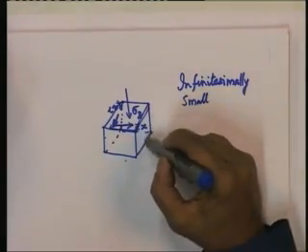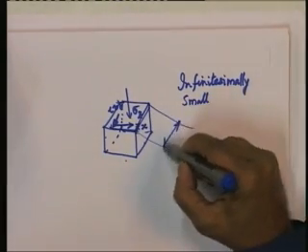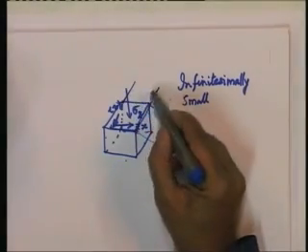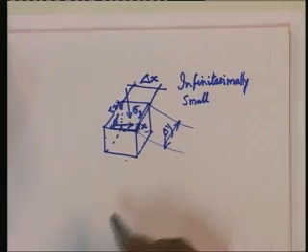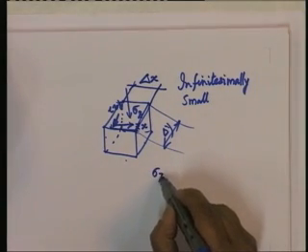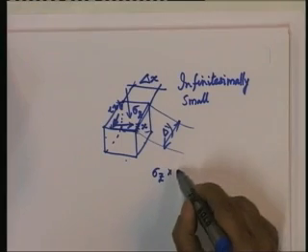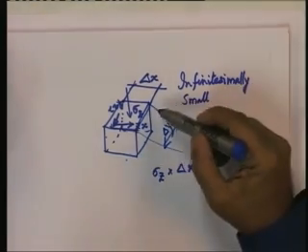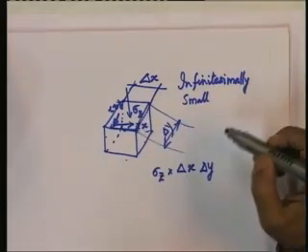For example, if this dimension in the y direction is delta y, and this dimension in the x direction is delta x, then the force that is arising due to sigma z will be sigma z into delta x into delta y. Similarly, there will be forces acting on each one of these 6 surfaces of this element.